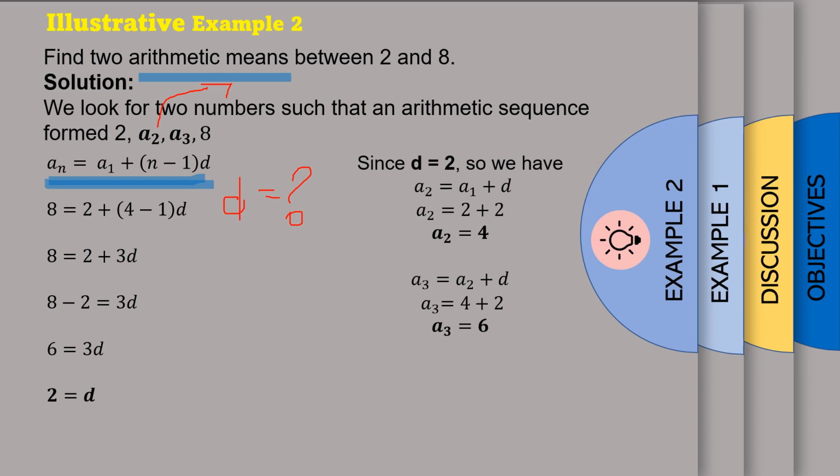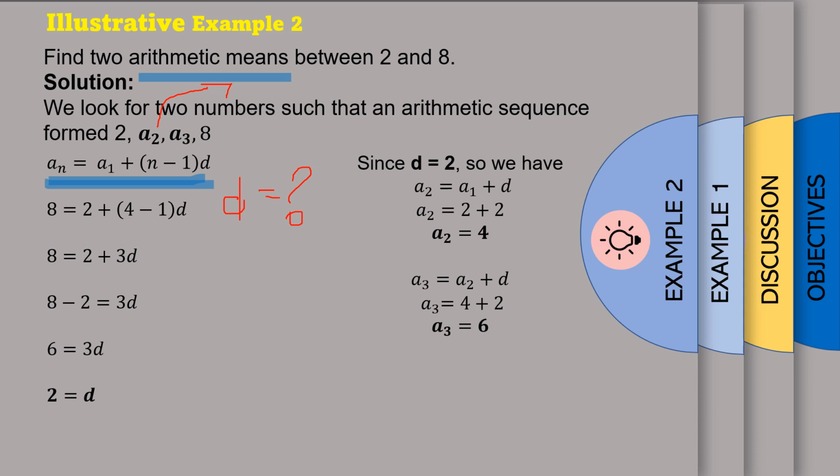So, there are no consecutive terms here. If you notice, after 2 is an unknown, then a sub 2 is followed by another unknown term, a sub 3, which is an unknown number, then 8. So, there are no consecutive given terms, so we can't get the pattern. That's why our goal here is to find the value of d, or our common difference.